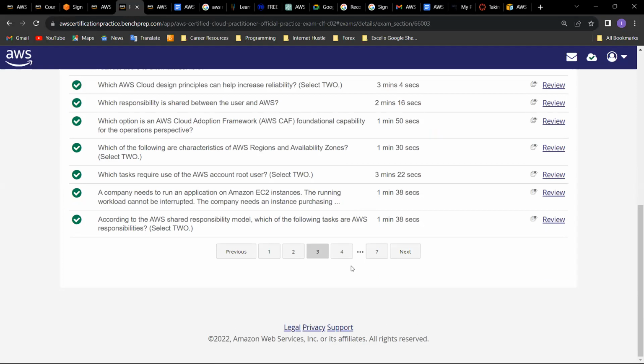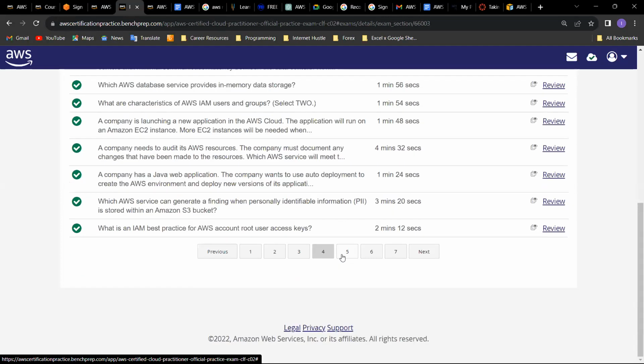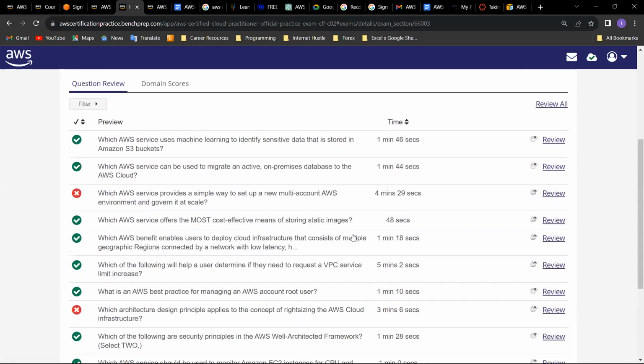Okay, what was the other one that you said we should go to? The right sizing. Yes, I think we've looked at that. The question had right sizing in it, and the answer was cost optimization. Oh, okay. Yes, we have looked at this one.